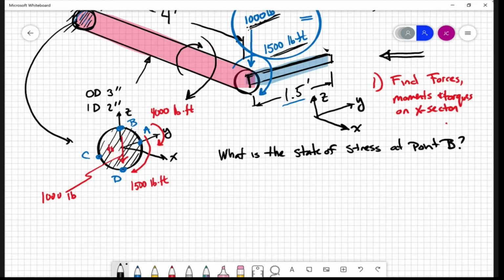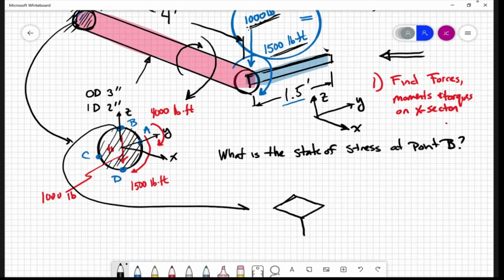Well, at point B, if we were to zoom in on a little differential element there at point B, you've got to imagine this is a very small cube of material that exists right here at point B, right? And again, this is the X direction, this is the Y direction, and this is the Z direction, right?